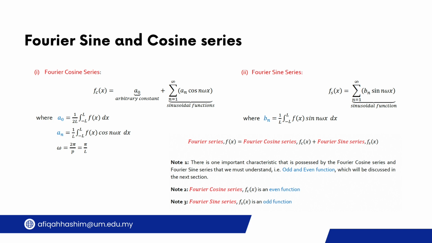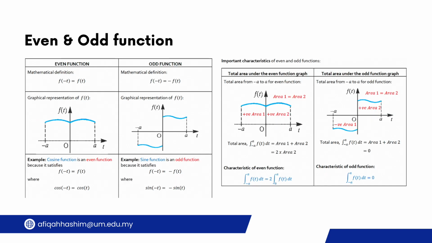And now let us look at the difference between the even and odd function. Here, if you can see, this is the even function, this is the odd function. If you want to prove that using the mathematical definition of an even function, f of negative t, the value here, will be equal to the value of the function at f of t.